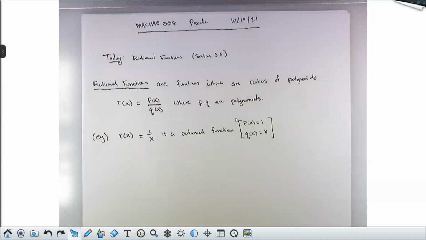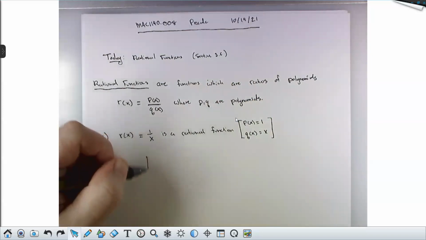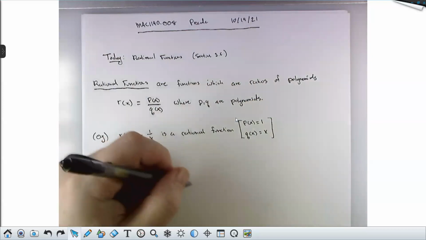And some kind of characteristic features of rational functions show up here. So it's a nice example to sort of start playing with. The graph of 1 over x we know, because again, this is one of our parent functions.